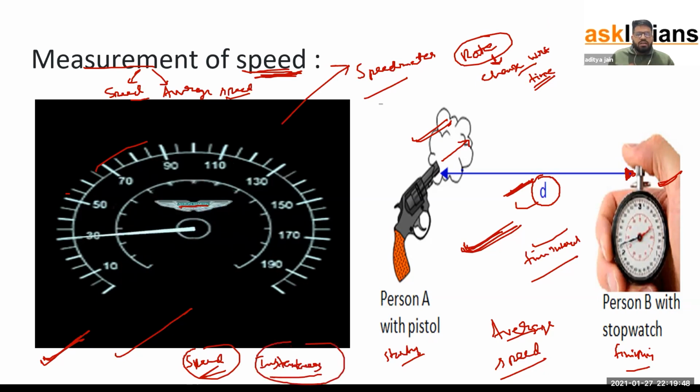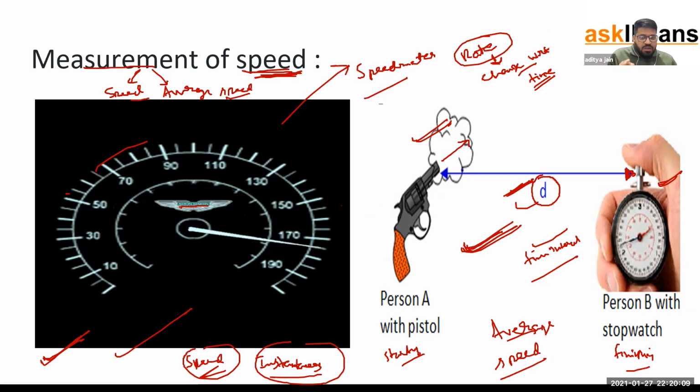Instantaneous means at an instant. Suppose you are concerned with calculating the speed at a particular point of time, say at 2 seconds. Whatever speed the body has at exactly 2 seconds, not before that, not after that, this velocity or speed is known as instantaneous speed.